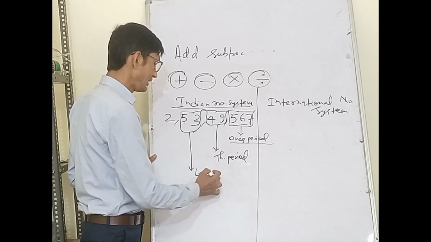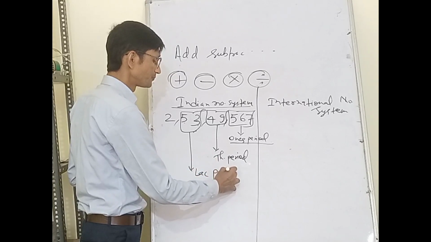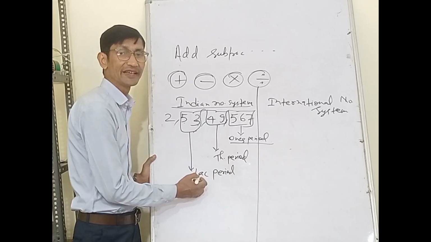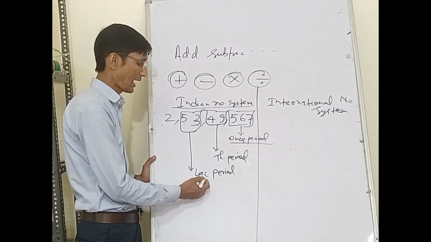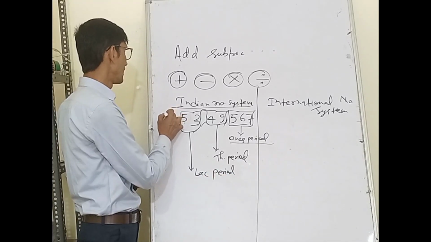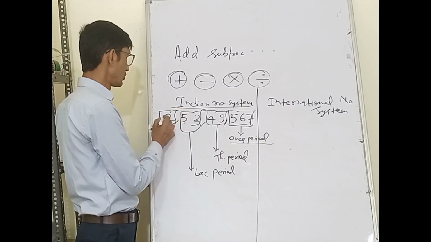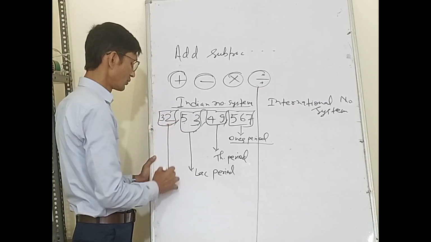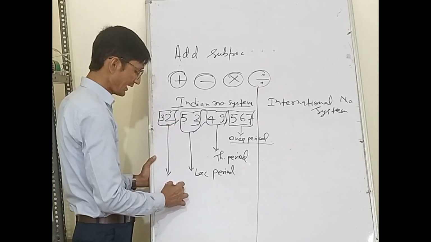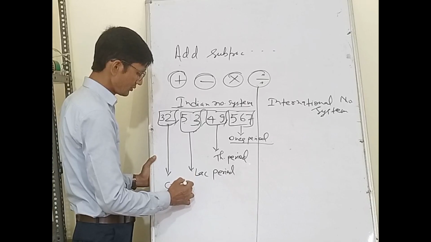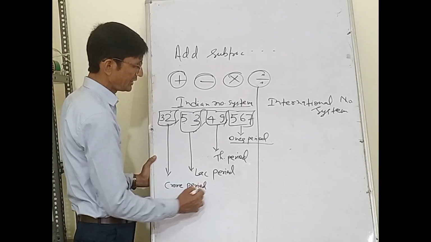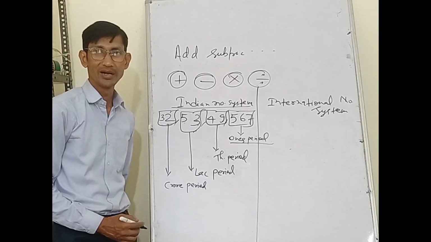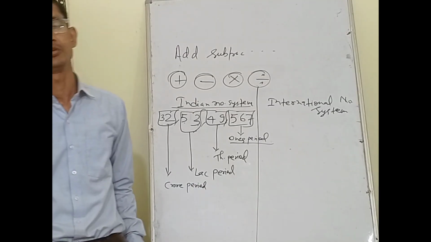You can write LAC or LAKH, but in short form you can write LAC. After that comes the crore period, with crore, 10 crore, suppose 32 crore. Then the Arab period and many more. So you just need to know about periods. Period means putting a comma: just after each period you should put a comma.